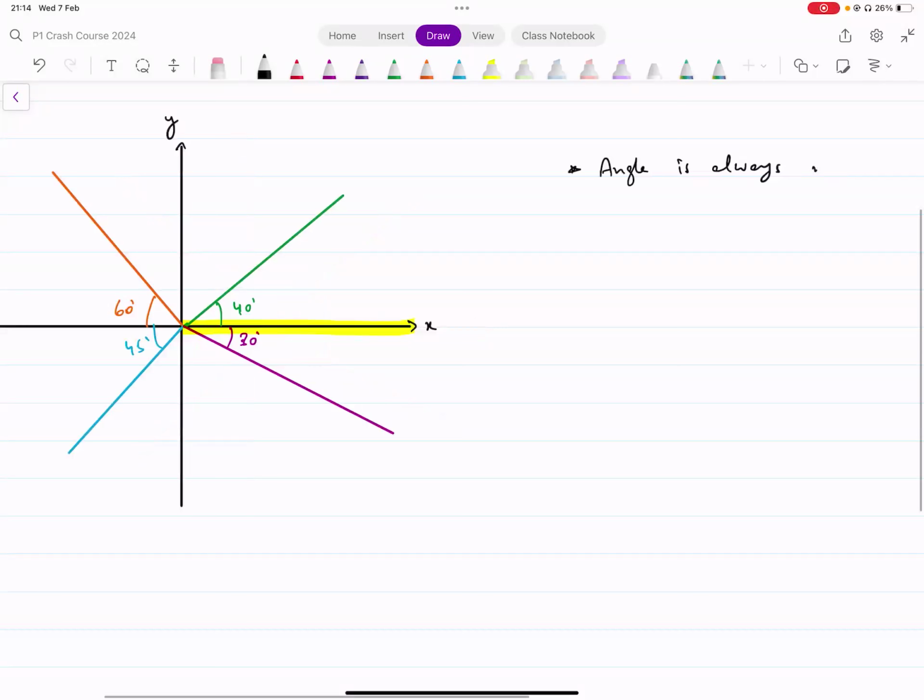Angle is always measured from the positive x-axis, and that's where we measure angles from.